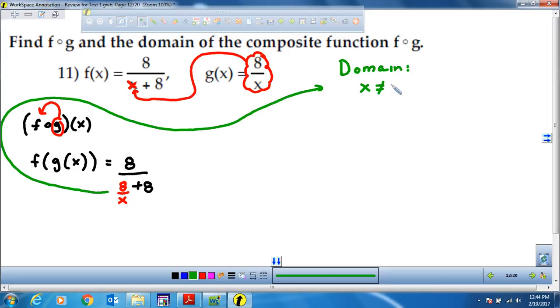The denominator cannot be equal to 0. And since this one is already x by itself, then that's already my solution. X cannot be equal to 0. That will be the value that we cannot substitute into the x of this function because it will make this fraction on the bottom undefined.